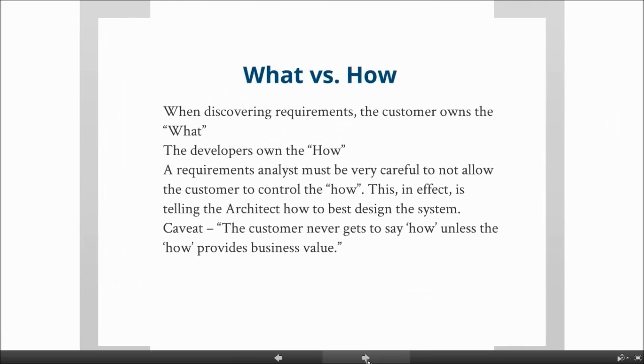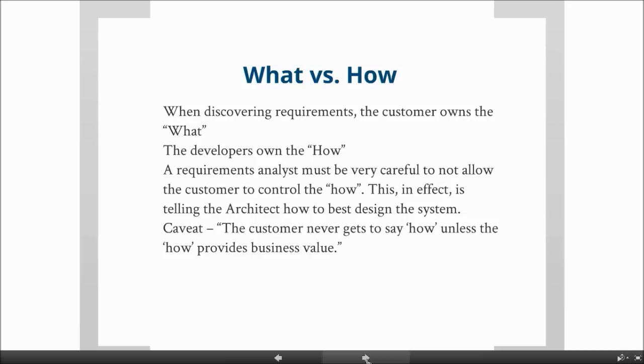And keep in mind, and we've covered this in other chapters as well, that the customer gets to say, they own the what, and the development team owns the how. And here's really in effect what's happening when you let the customer determine the how.